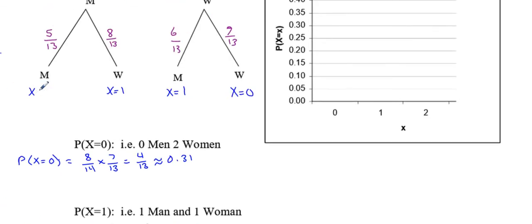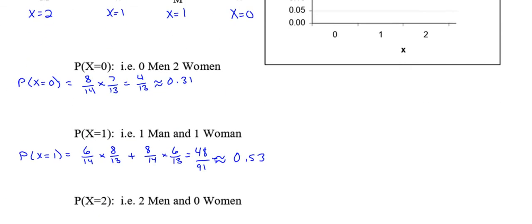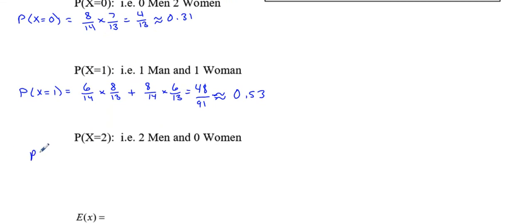Lastly, 2 men. So the probability of 2 men would be a man and another man, and that works out to 15 over 91, which is approximately equal to 0.16. So that's your probability distribution.